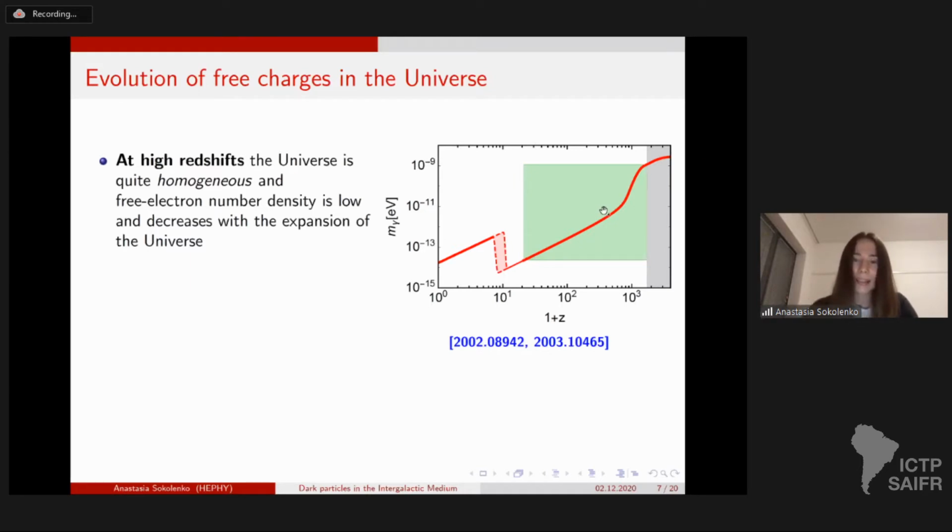the electron number density of free charges decreases as a cube with expansion. It means that the mass of dark photons, ordinary photons, decreases as well. But then reionization happens, and it releases a lot of charges, and that's why the number density of electrons increases, as well as the effective mass of photons.